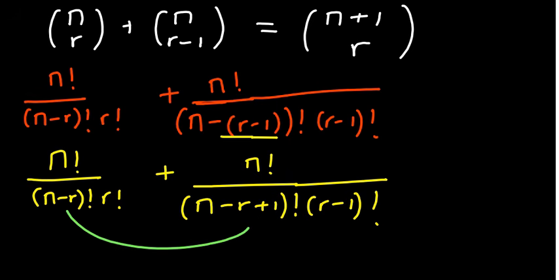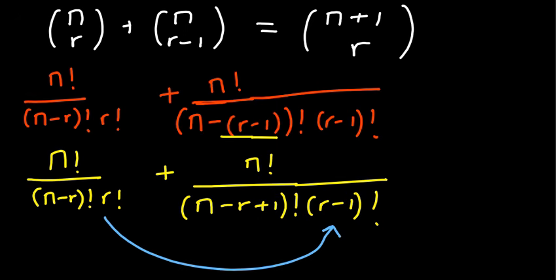If you check the first two brackets, the one on the right is just one higher than the other. And then again, if you compare r and r minus 1, r is higher, and r minus 1 is less by 1.